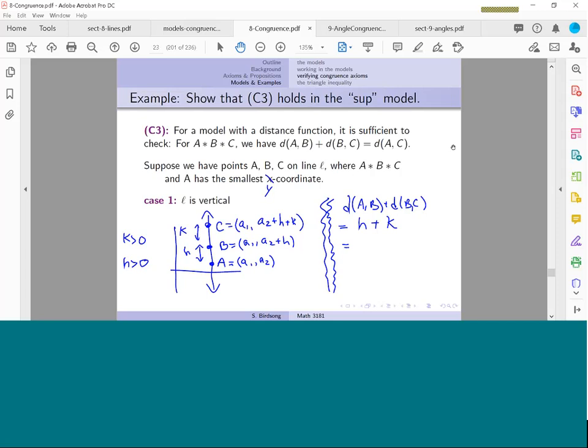Now, if we want to see if that actually equals the distance between points A and C, we just go over to point A, we go up to point C, and what would be the difference? What would be the distance from A to C in this case? Would it actually be h plus k? What do you think? Is h plus k the distance between A and C?